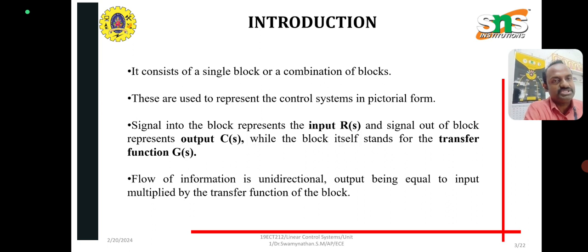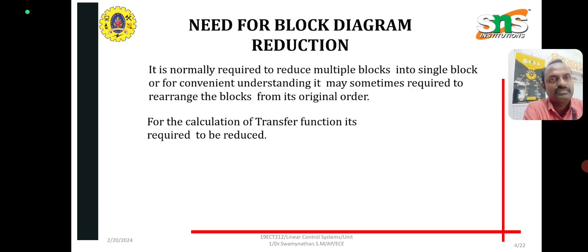The flow of information is unidirectional, and the output equals the input multiplied by the transfer function of the block. The need for block diagram reduction: it is normally required to reduce multiple blocks into a single block, or for convenient understanding, it may sometimes require rearranging the blocks. So the calculation of the transfer function is required and it is to be reduced.